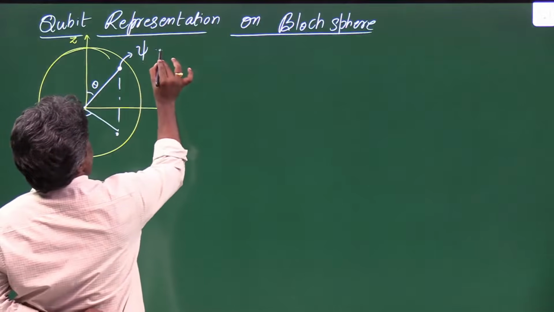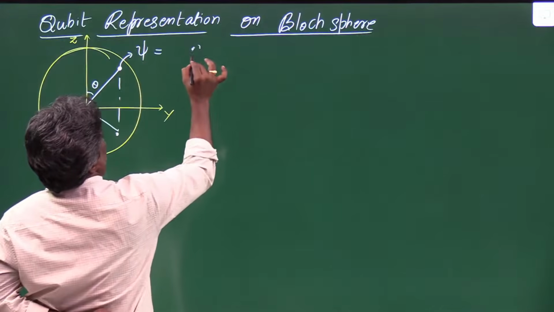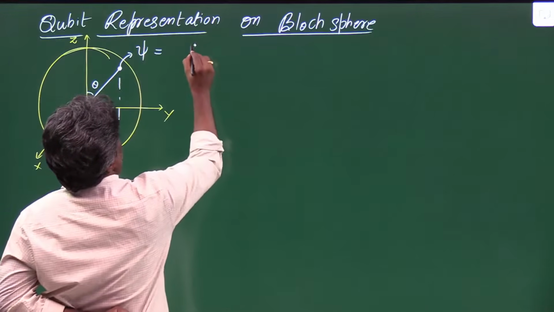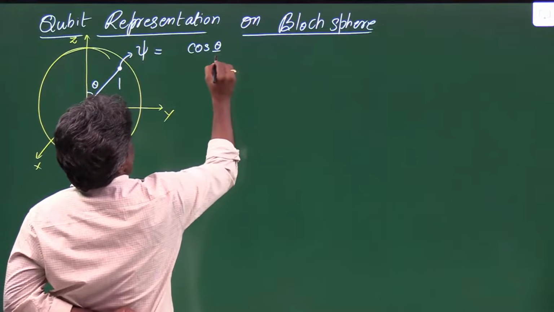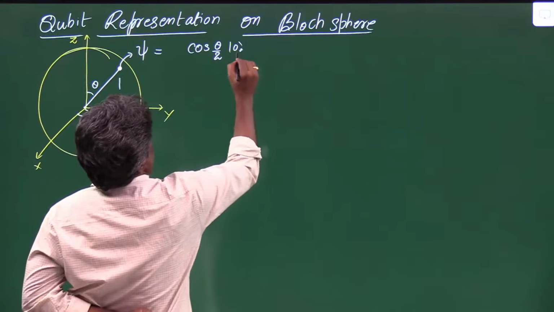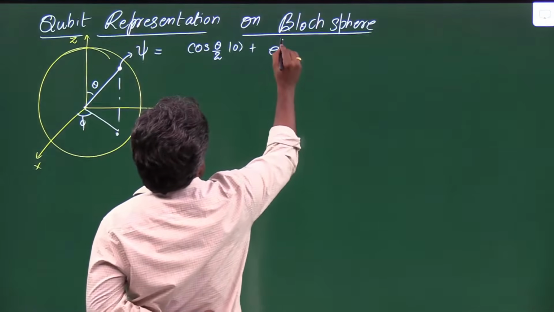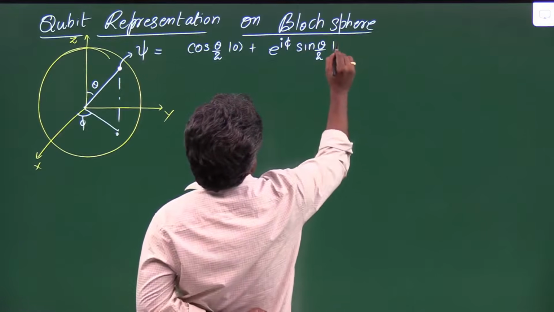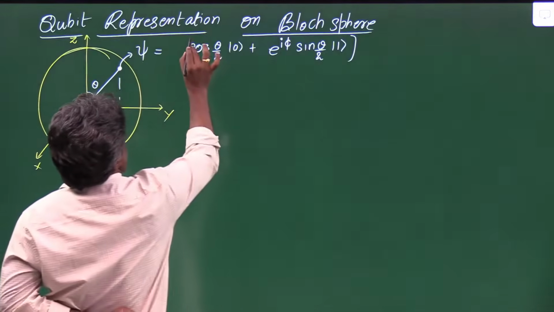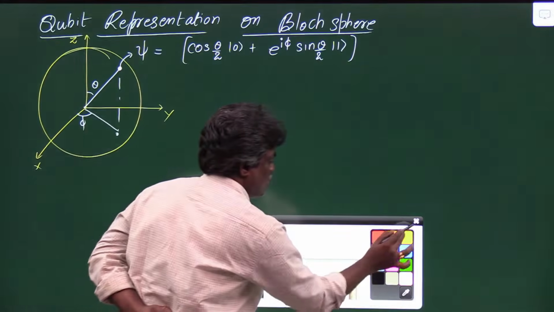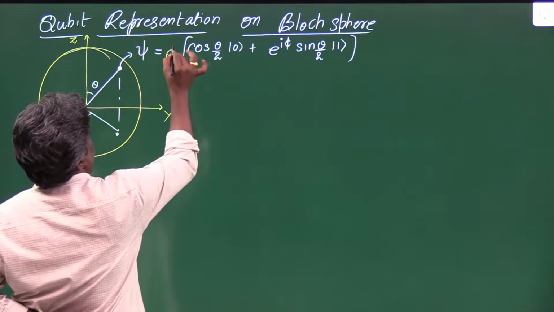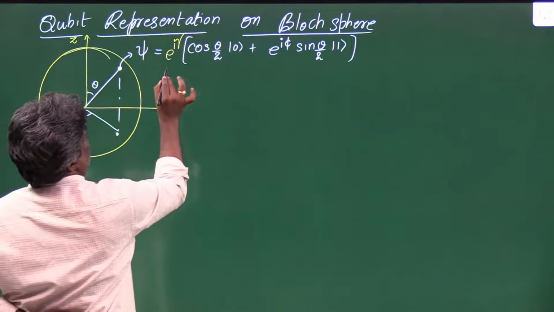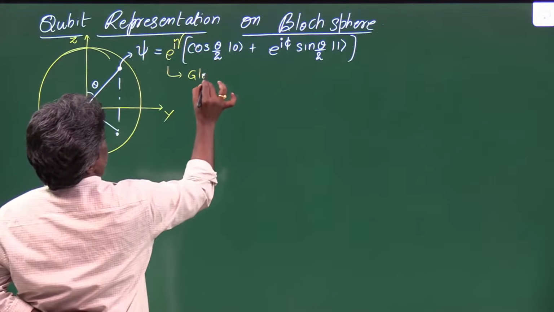This state psi is nothing but cos theta by 2 ket 0 plus e raised to I phi sin theta by 2 ket 1. And sometimes we take a global phase for this state, e raised to I gamma. So this is nothing but a global phase.